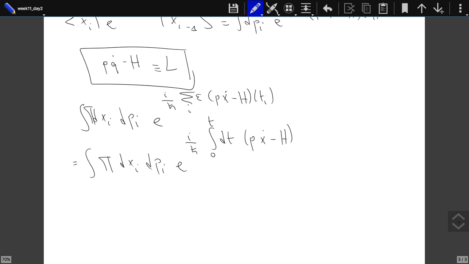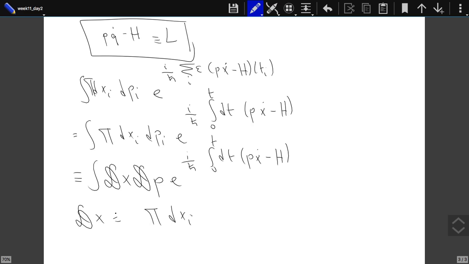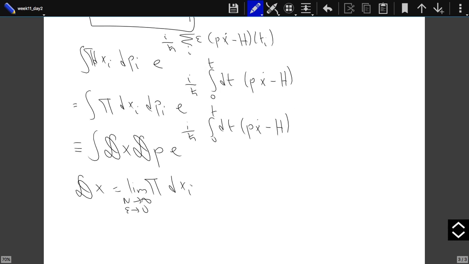Now, what we had done over here is also quite most of the time written in this form, with these weird symbols. This is equal to the product of dxi in the limit as n goes to infinity, epsilon goes to 0. And similarly for the momenta.